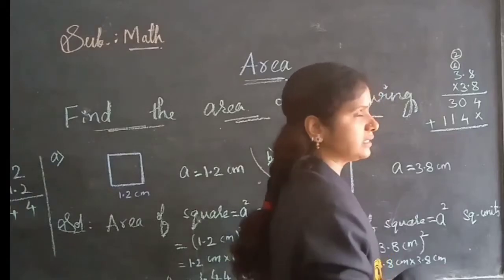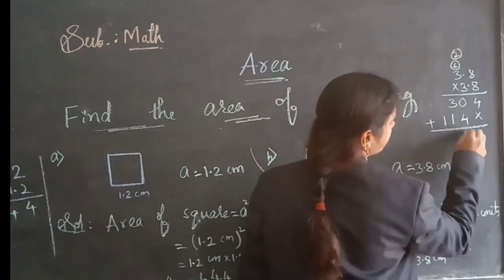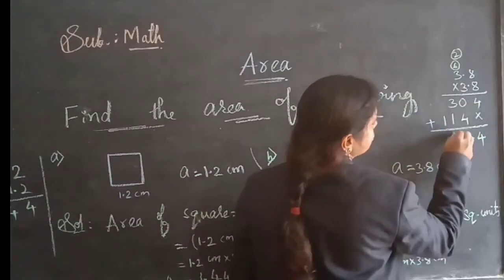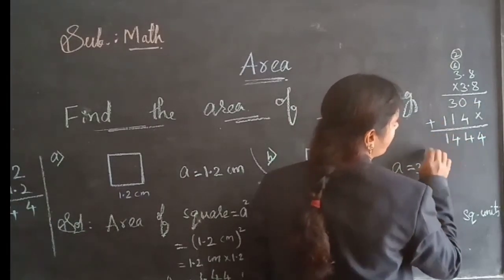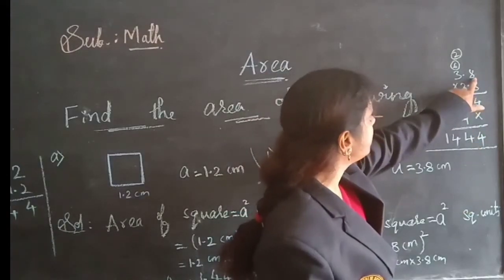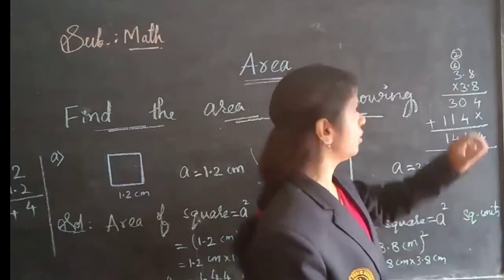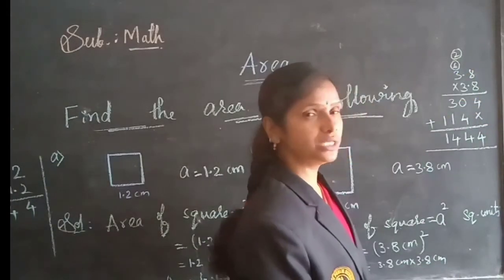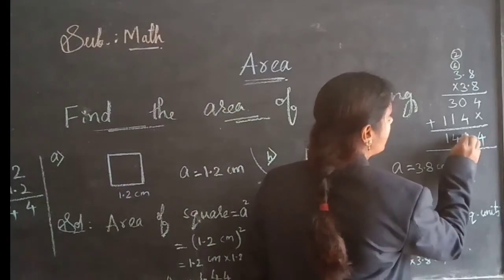Now let's add these numbers. 4. 0 plus 4 is again 4. Now 3 plus 1, so 4, and here 1. And here let's keep the point. In the first number, 1 digit before point we have. In the second number, 1 digit before point. Means total 2 digits before point we need to keep in the answer.